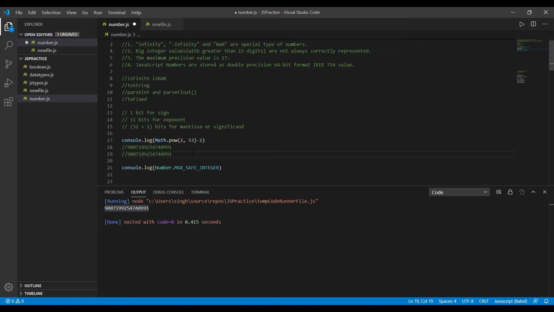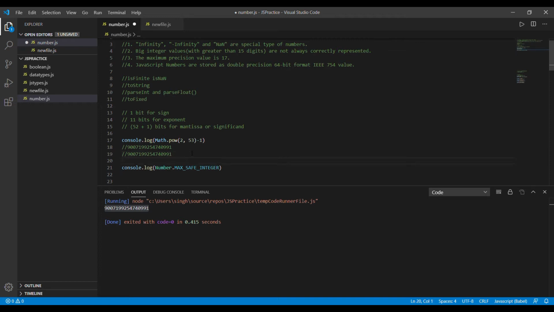These extra bits are always 0. So no matter how many digits we require, they will always be 0, and we cannot change their value. So that's why we are able to represent some values beyond this range, but we are not able to represent those integer values for which we require those extra bits to be 1.